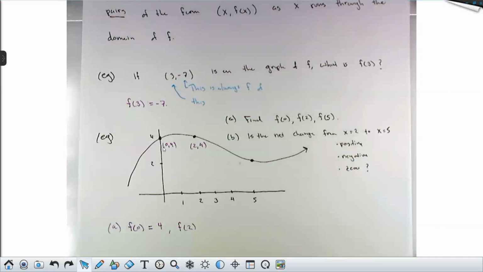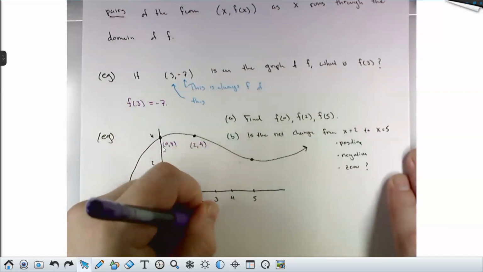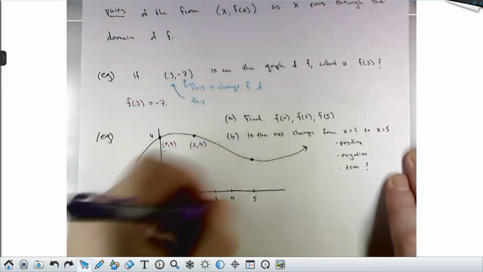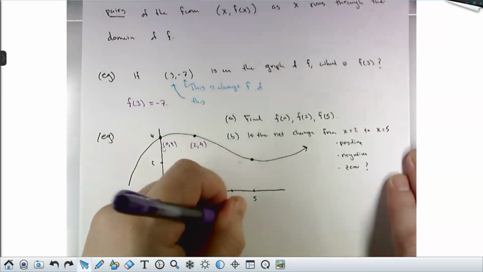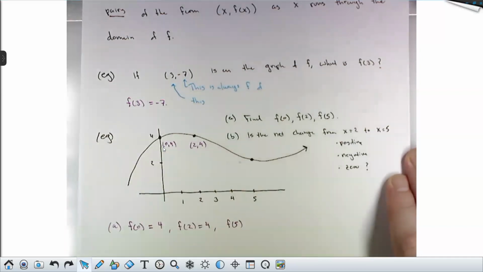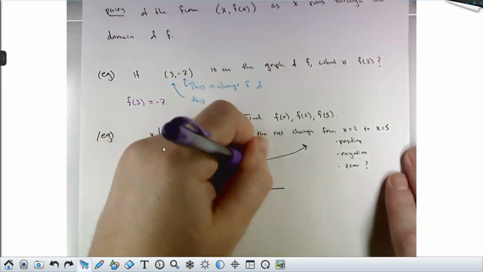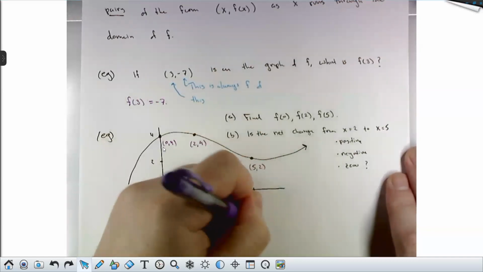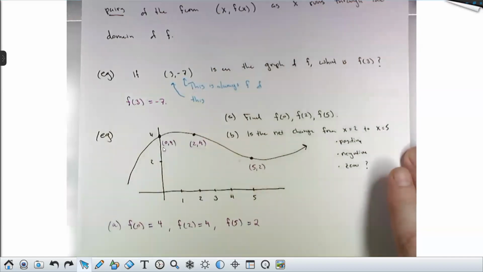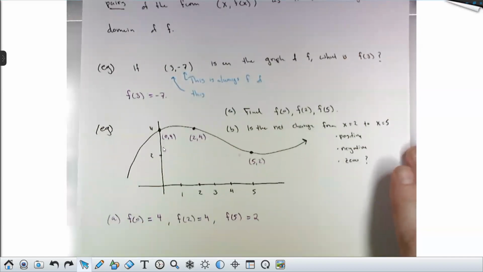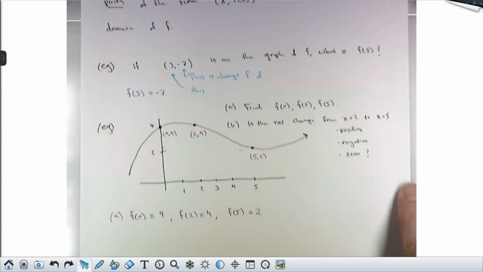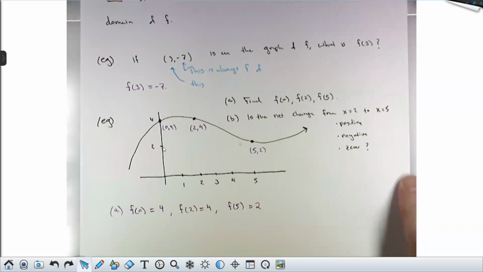Also 4. Okay, what is f of 5? 2. Very good, that's 2, right? So over here, I've got the ordered pair 5 comma 2. So those are the 3 function values I was asked to find: f of 0, f of 2, and f of 5.